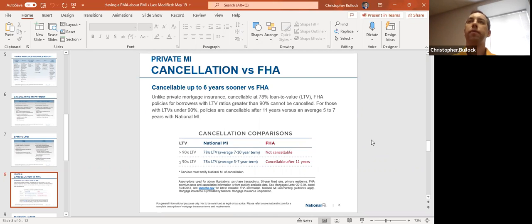Yeah, with FHA, if you put 3.5 or less than 10%, most people do 3.5, that mortgage insurance is going to be on there for the life of the loan. So once someone hits 80, even 75% LTV, if you're at 75% loan to value, you can have not great credit and probably still go conventional.